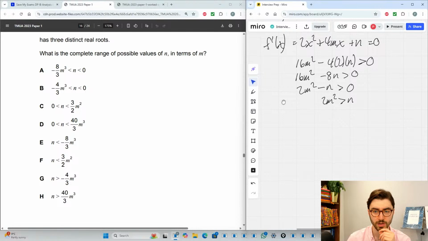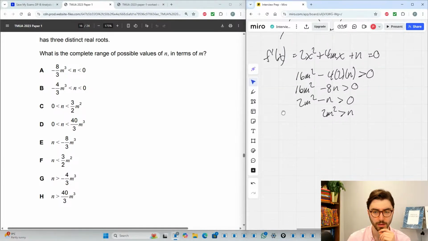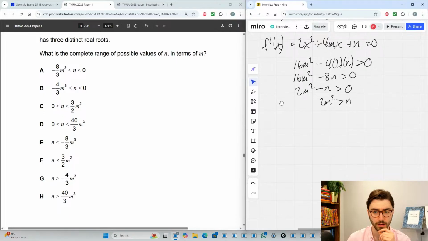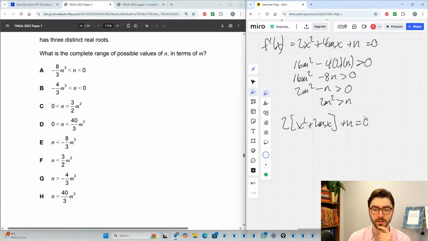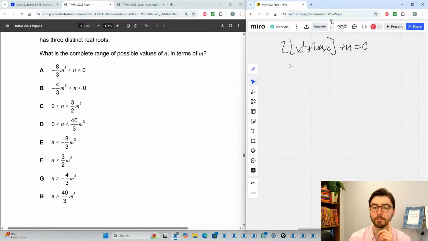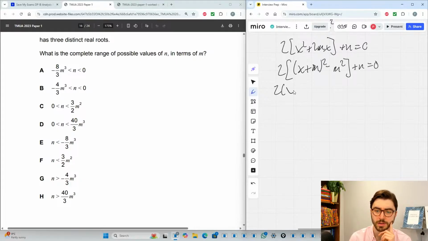Can I easily solve that, though? I might be able to complete the square on that simply. So 2 into x squared plus 2mx plus n would be equal to 0. So let's see where this gets us. So 2 into x plus m squared minus m squared plus n equals 0. So 2x plus m squared minus 2m squared plus n would equal 0.